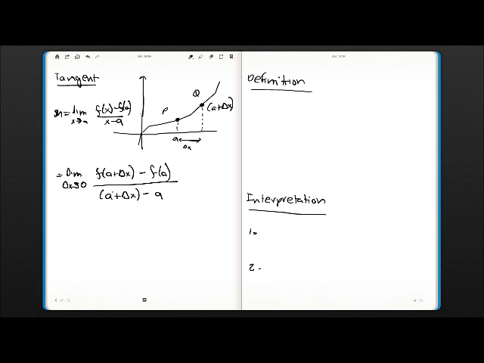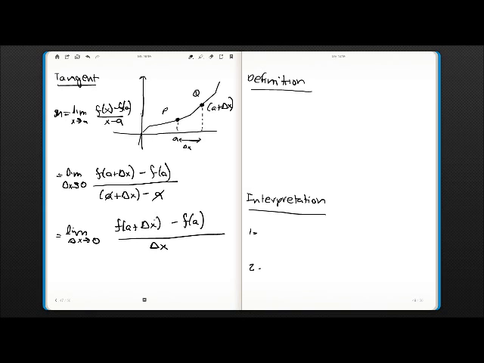And as you can see, the a's will cancel out. So we are left with the limit as delta x approaches 0 of f at a plus delta x minus f at a all over delta x.